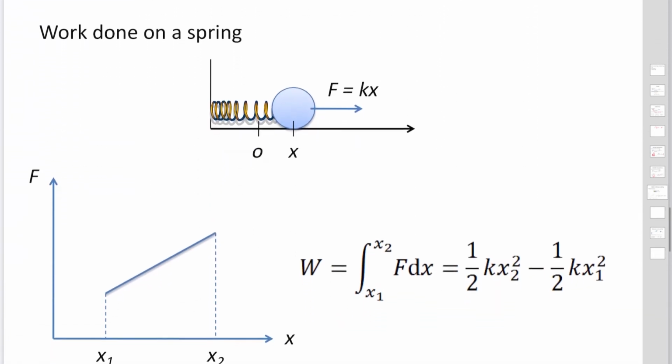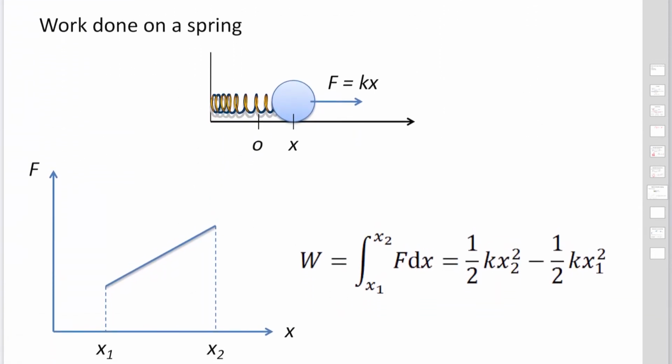When we want to calculate the work to stretch a spring, we have to apply a force of kx, because the spring tries to return to the original position with the force minus kx.